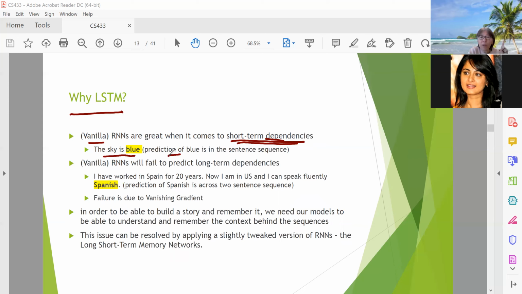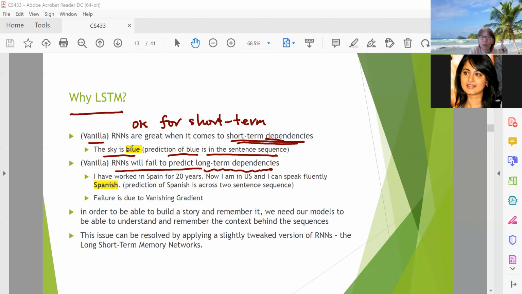The prediction of blue in the sentence sequence just depends on the previous words. RNN will fail to predict long-term dependency. So for short term this works okay, because blue and the sky are short term.